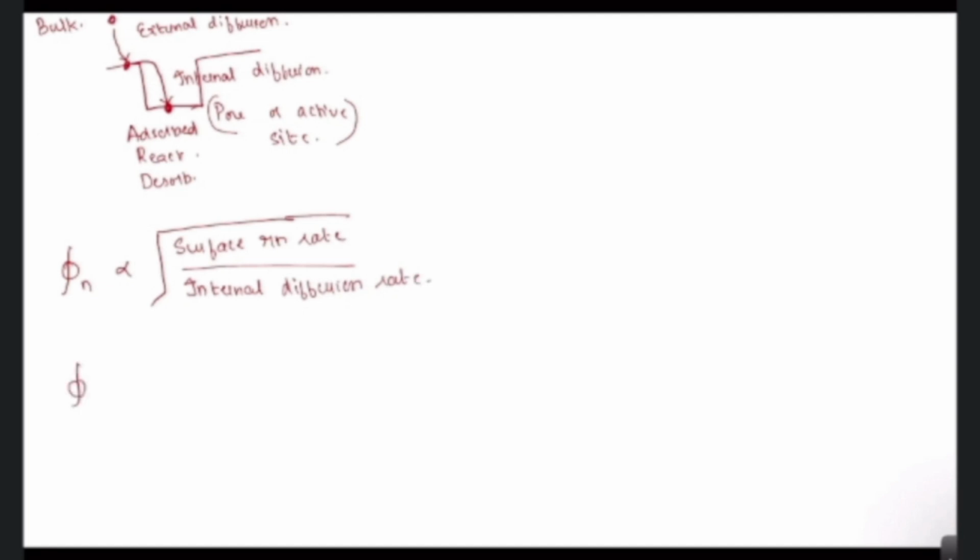So if Thiele modulus is very large, that means your internal diffusion rate is very low. Or in other words, this system is controlled by internal diffusion rate, or internal diffusion is rate controlling.